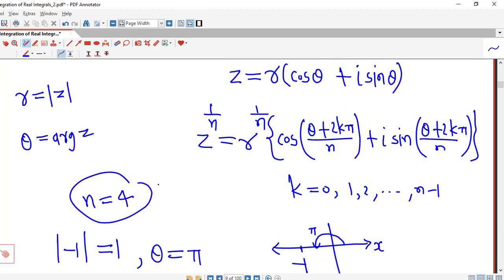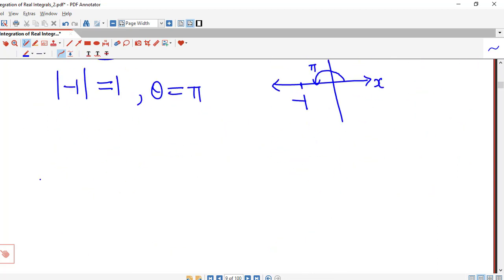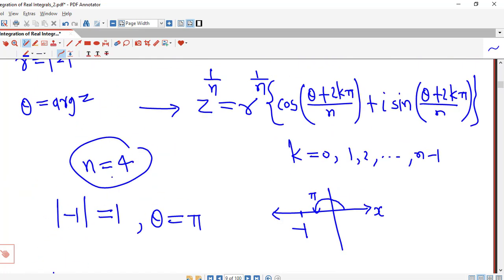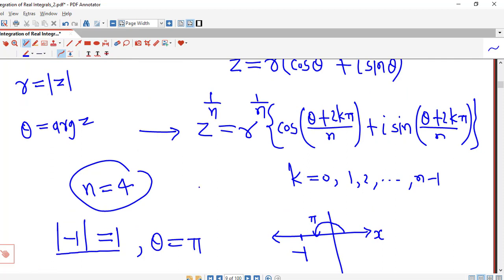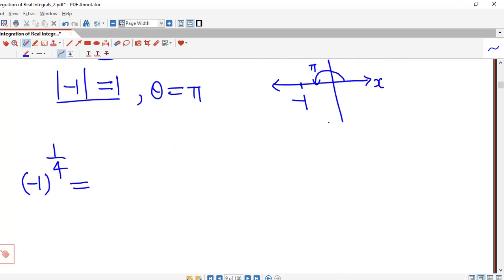So we substitute all these values in this formula, and we will be able to find minus 1 to the power 1 by 4, which is equal to r raised to 1 by 4. Here r is 1, so 1 raised to 1 by 4 is 1, and here we put theta equal to pi and n equal to 4.